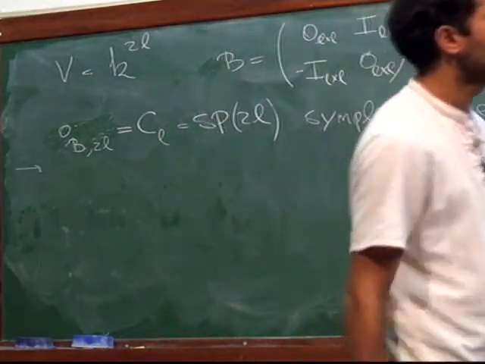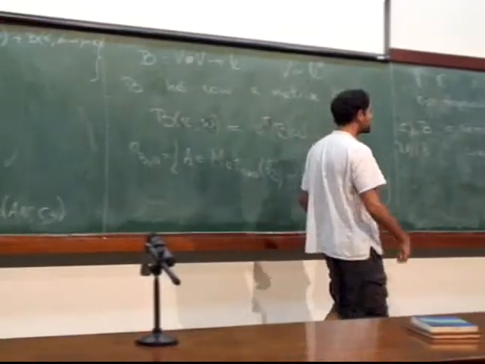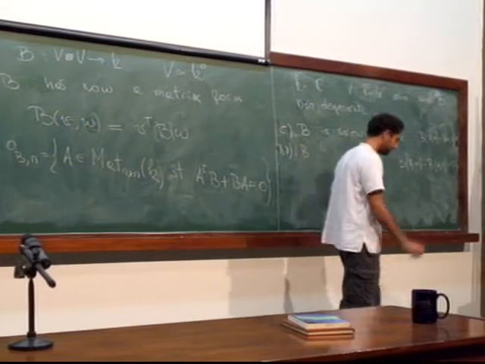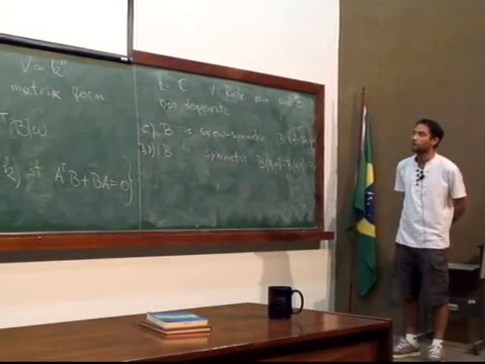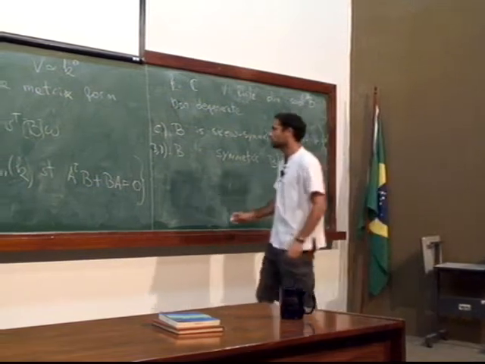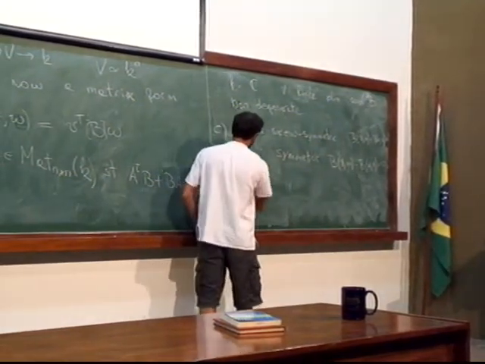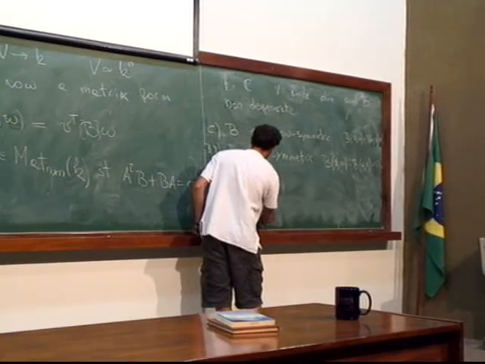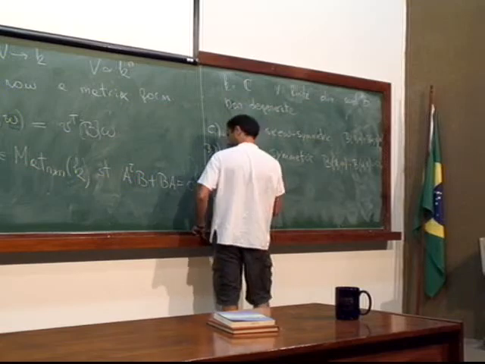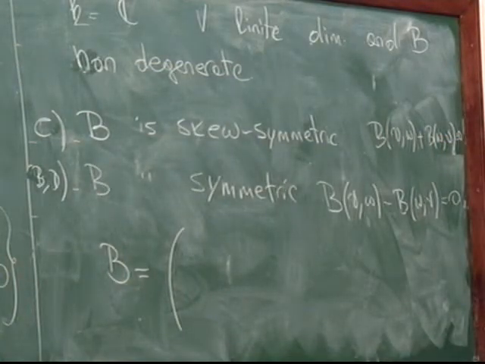Let's divide those. So what does it mean to have a symmetric bilinear form which is non-degenerate on a complex vector space? Well, I'll give two different examples. Example B is going to be the following. This is going to depend on whether our vector space is odd dimensional or even dimensional.